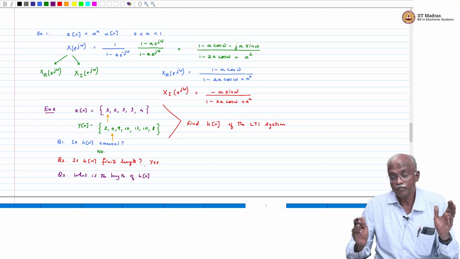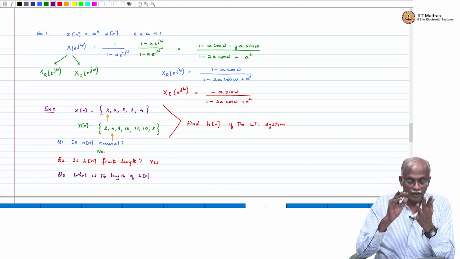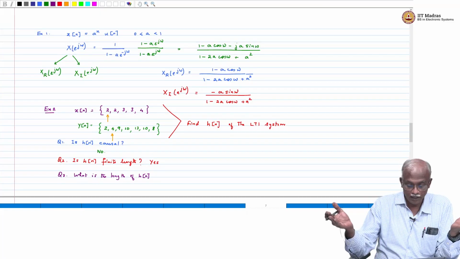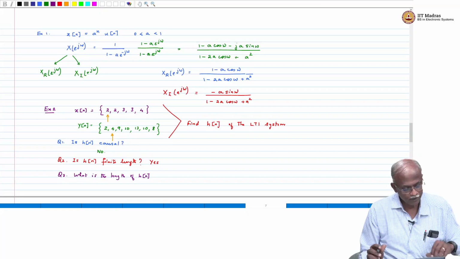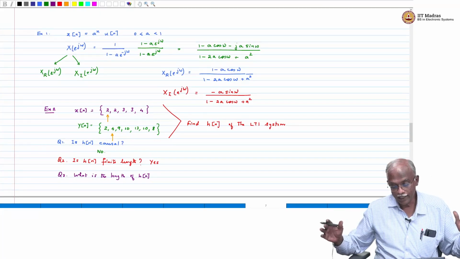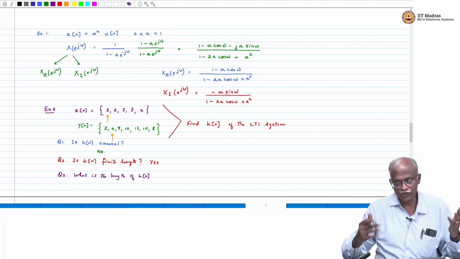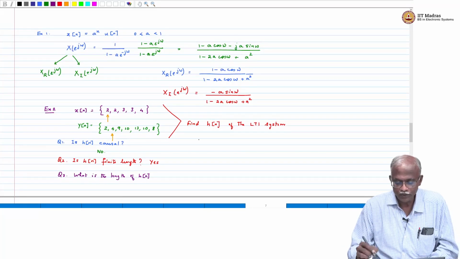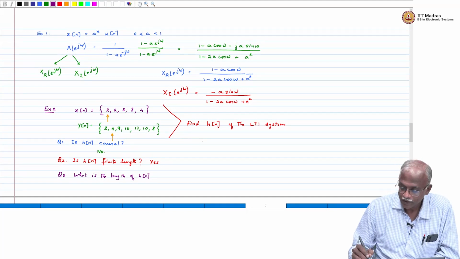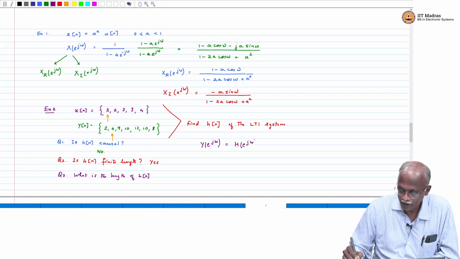We know the following: it is non-causal, it is finite length, and it produces the given input-output relationship. We should be able to calculate. Of course, you can write down a number of equations and then solve and get the expressions. However, I will give you a very simple method to do this calculation. We know that for an LTI system, Y e to the j omega is equal to H e to the j omega times X e to the j omega.